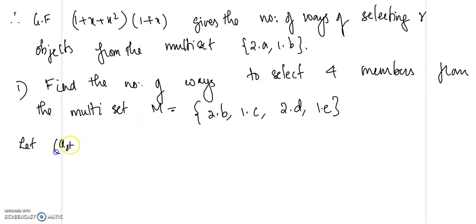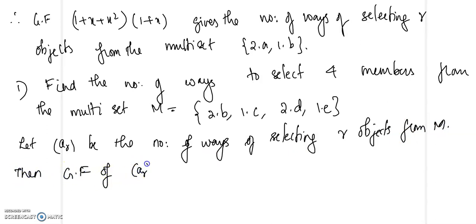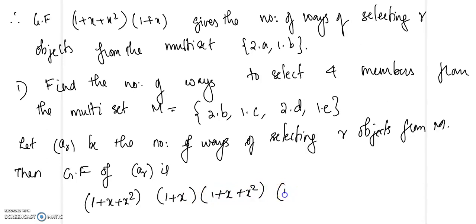So let a_r be the number of ways of selecting r objects from M. Then the generating function of a_r will be: b can be selected 0 times, 1 time or 2 times, so corresponding to b we get 1 + x + x², and c can be selected 0 times or 1 time, so 1 + x. Similarly for d, 1 + x + x², and for e, 1 + x.